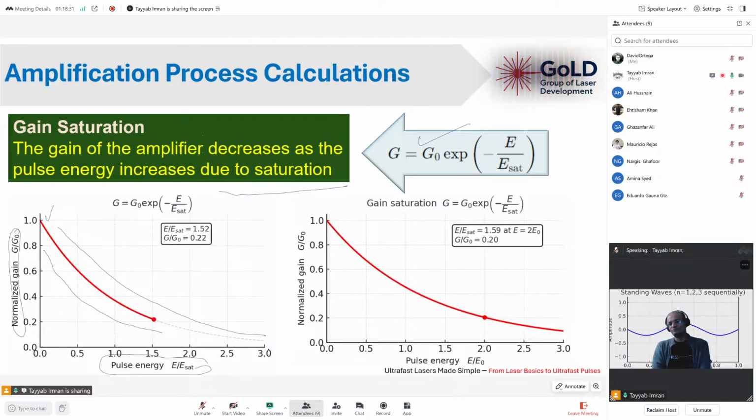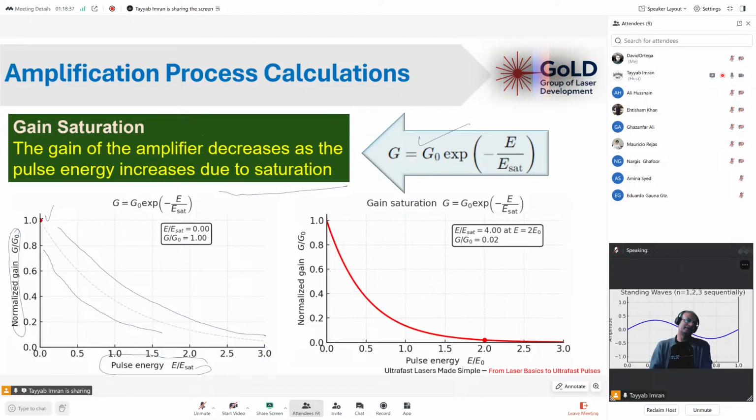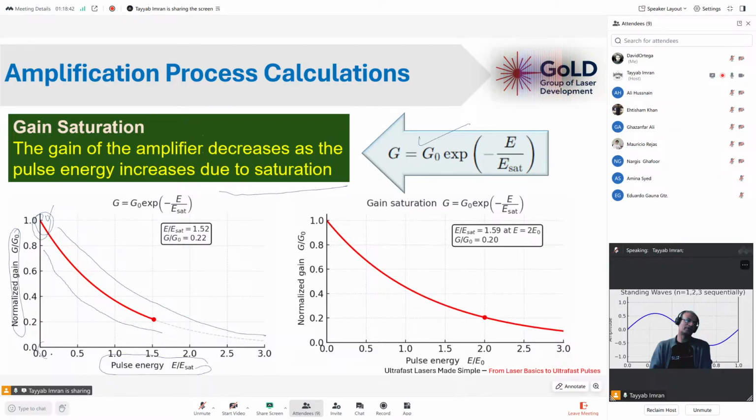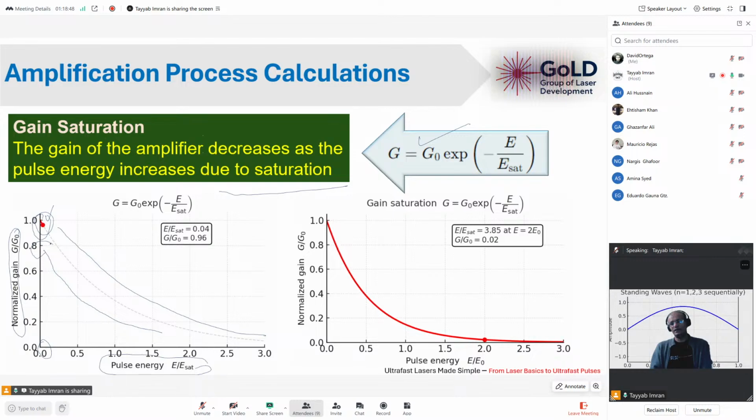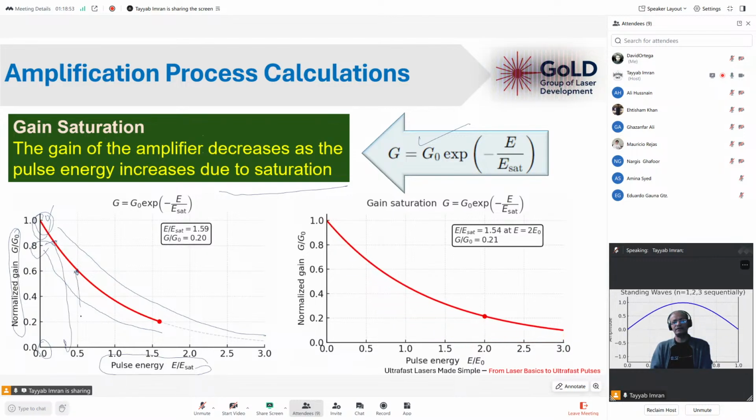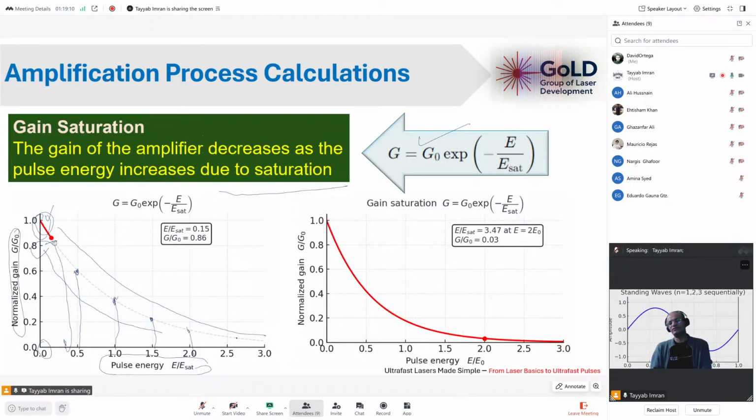So what exactly does it show? If the normalized gain is 1, the pulse energy is 0, and as you move along this curve, the gain is reducing but the pulse energy is increasing.